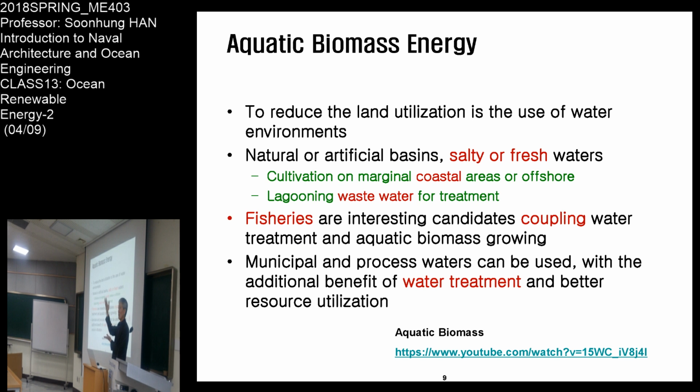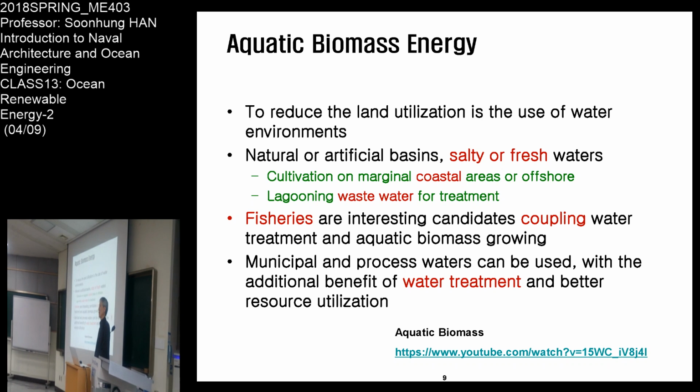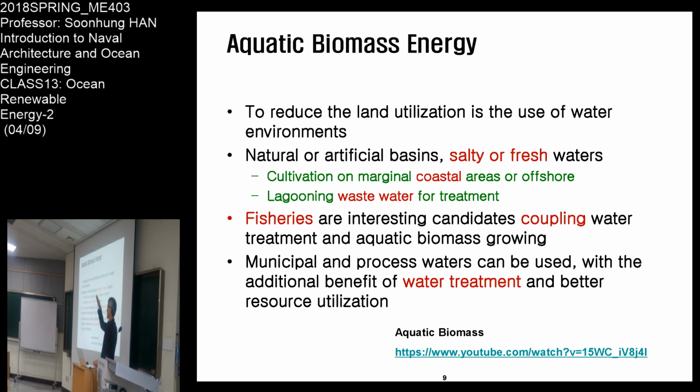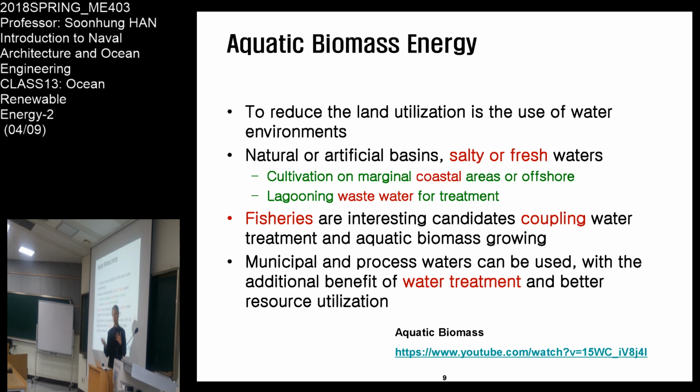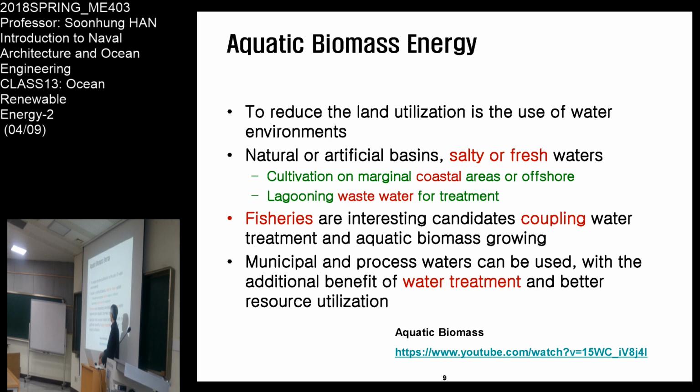The fish make nutrients, feeding the vegetables, and the vegetables also take up the unclean water coming from the fish, so they're doing some water treatment. So it is doing both and they help each other. So they are calling it aquatic biomass growth, with the benefit of water treatment and better resource utilization.